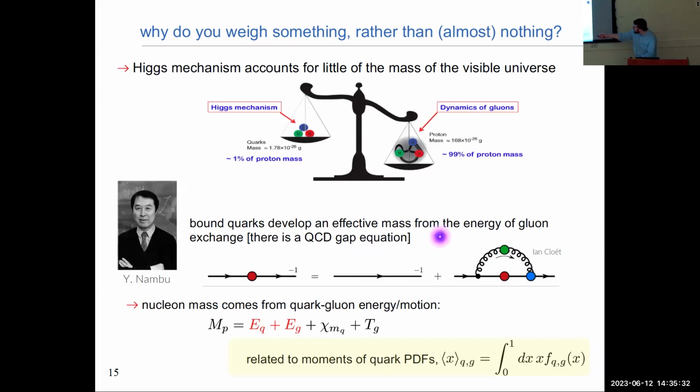If you want to solve for the physical quark propagator, it becomes a matter of self-consistently solving this equation, given your knowledge of all the various non-perturbative interactions in here. And then you could do this exercise.